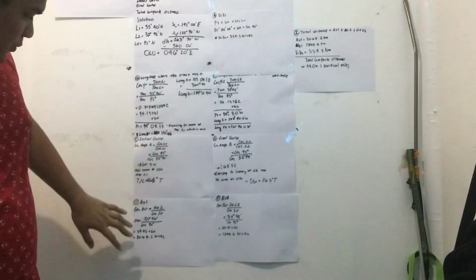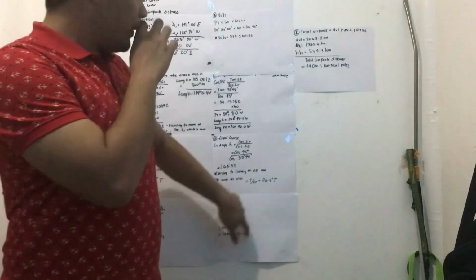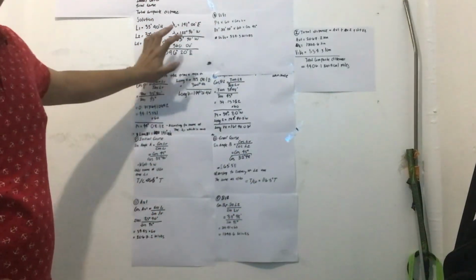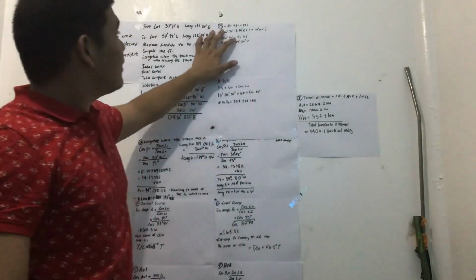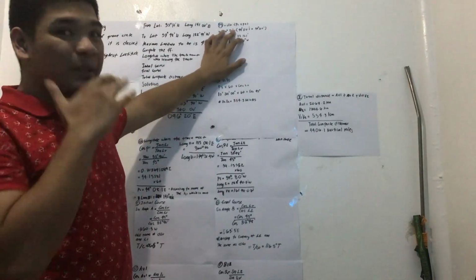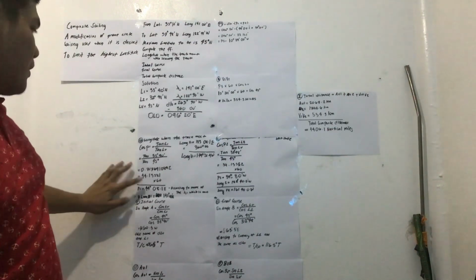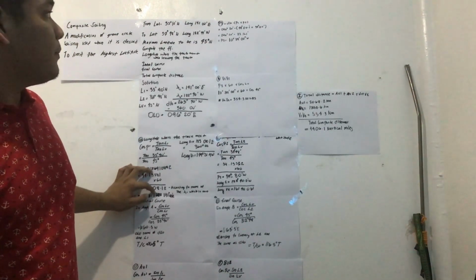We forgot the P3. So P3 is equal to DLO minus P1 plus P2. P1 is 44 degrees and 8.1 minutes.